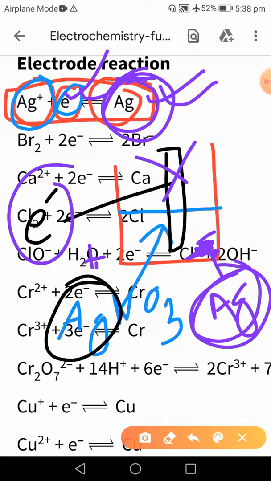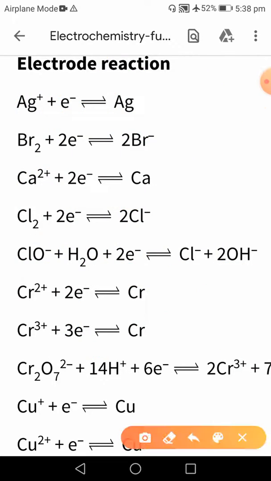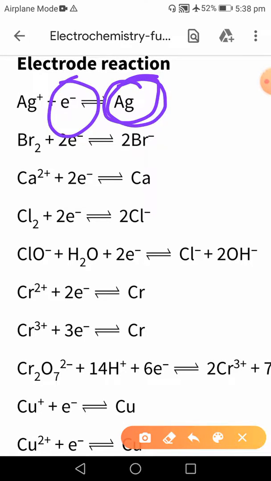Let me get rid of all of this. So a single silver metal can satisfy the need of solid silver as well as the source of electron, isn't it?